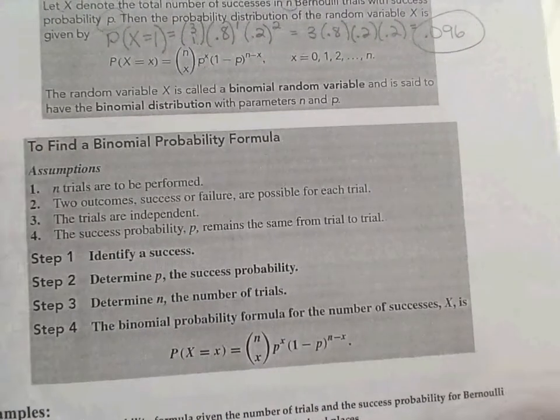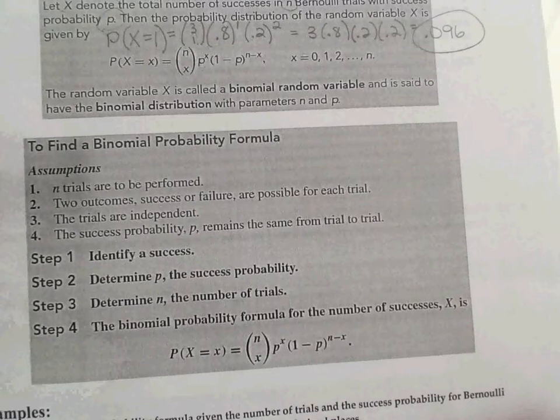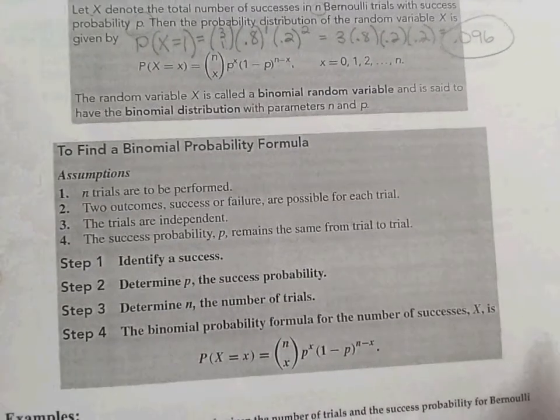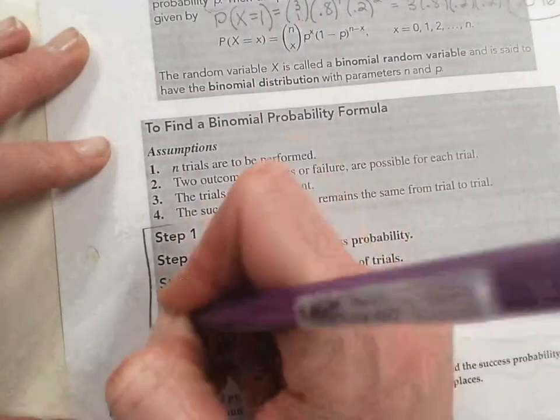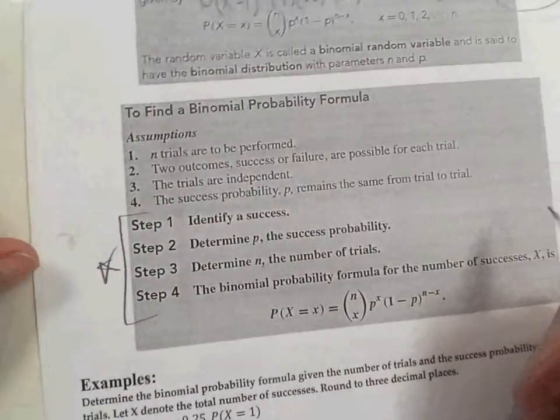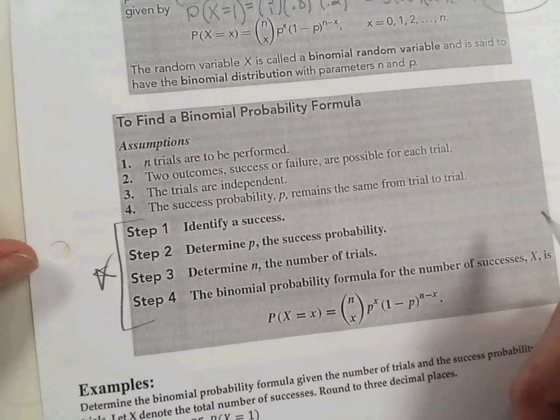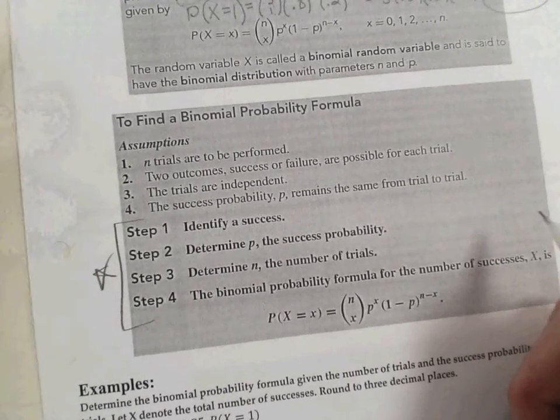Let's try some out, but first, this box right here I think is really helpful. When you're doing questions like this, there's a set of steps. I like steps, especially in questions with a long formula. These steps remind you to write out what is n, what is p, and identify what you're calling a success.